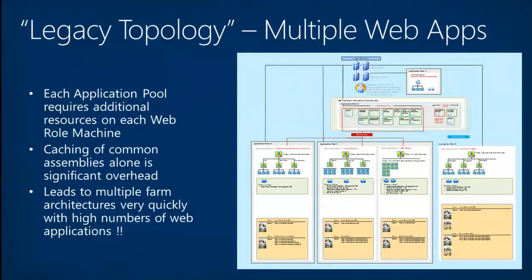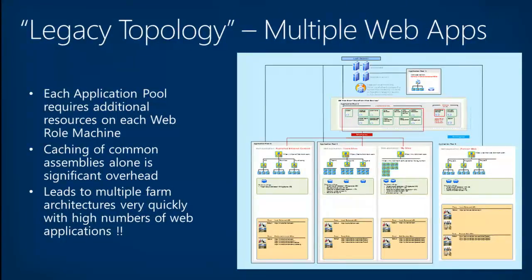Every one of these boxes that we see up here on the screen is a web application with an application pool, okay? Every application pool has to do what? It has to load all of the assemblies from SharePoint into memory. It has additional overhead for the IIS goop that it drags around with it. So you'll very quickly hit scale limits on how many of these you can run on a server farm.